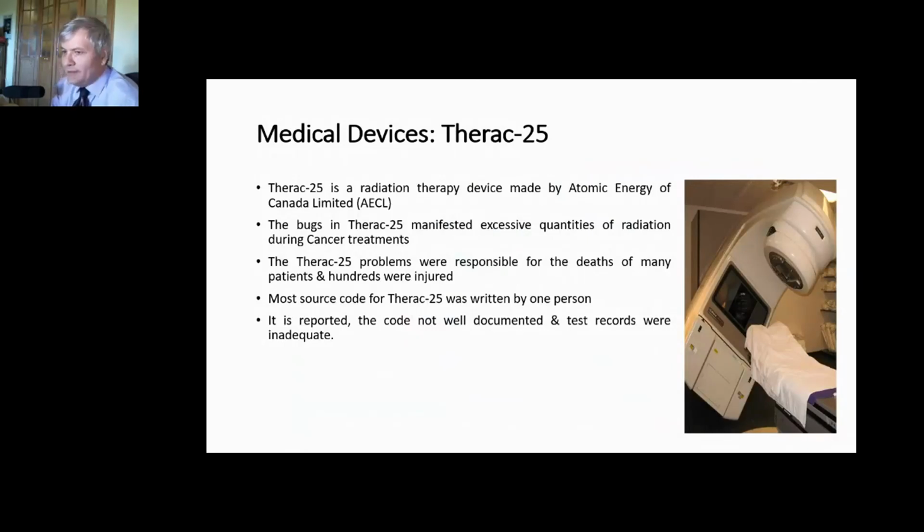Now, in reviewing the case of the Therac-25 and the published documentation, it seems that there was only one main author of it, and it doesn't seem like the main author had a lot of code reviews, or a lot of testing to make sure that everything went well. So this would go back to my overconfidence bias, because there's an illusion of control if the author wrote the code independently and didn't have a lot of testing or independent review.